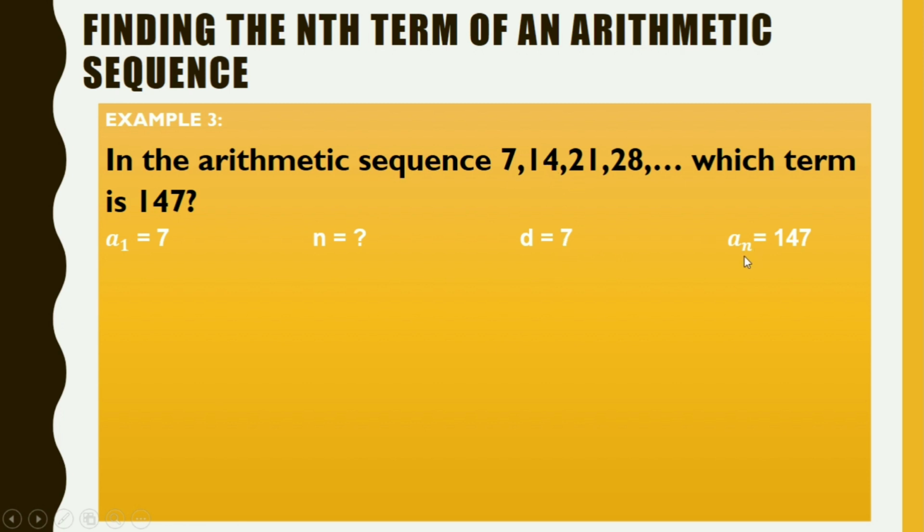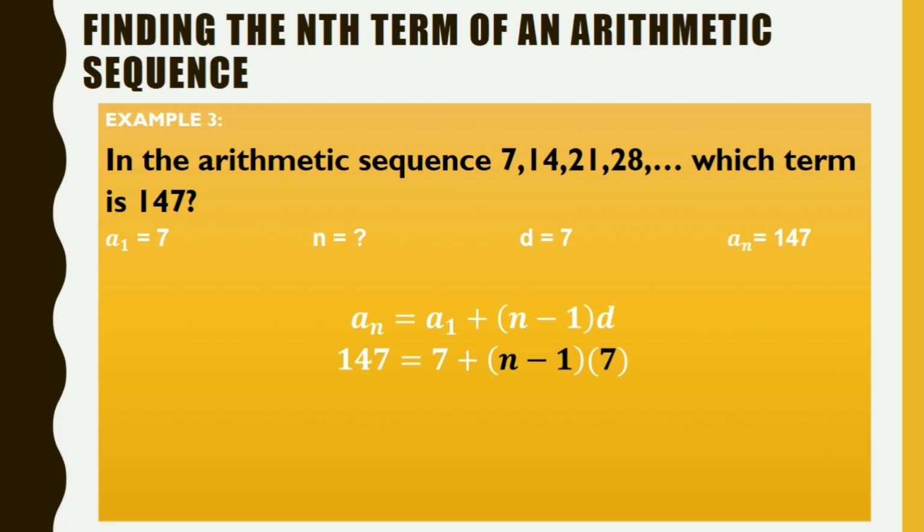Then a sub n, or our nth term, is equal to 147. We will look for the value of n. Write the formula, then substitute the given. So we have 147 is equal to 7 plus quantity n minus 1 times the common difference 7.